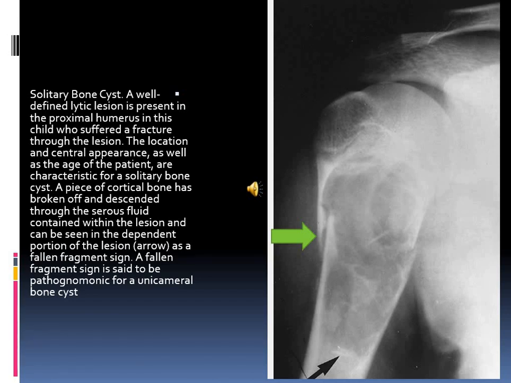This is called the fallen fragment sign, and it is formed because part of the cortical bone is broken and then descends through the fluid of the cyst inside the lesion, forming this sign. So this is a specific sign for solitary or unicameral bone cyst.